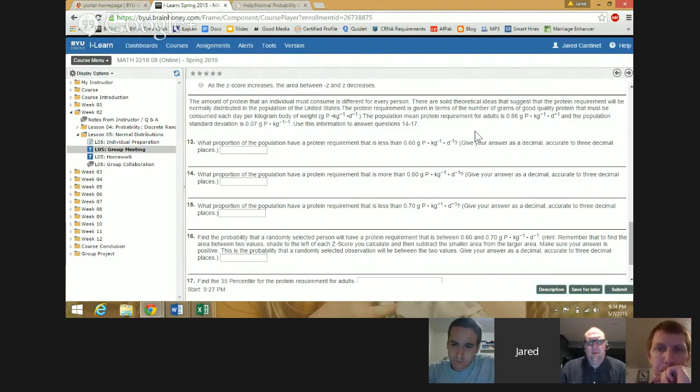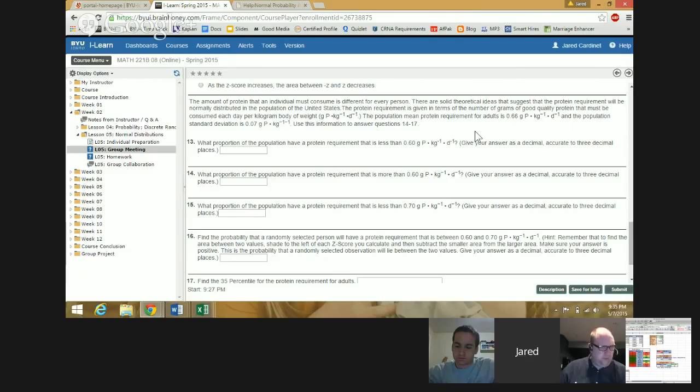The population mean protein requirement for adults is 0.66, and the population standard deviation is 0.07.